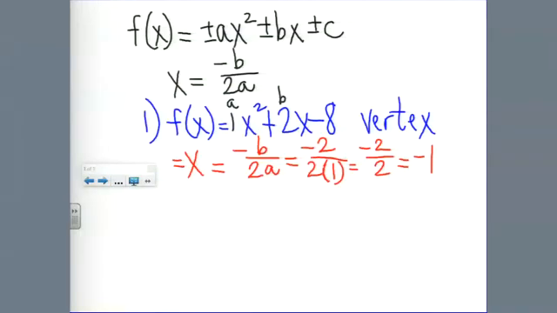And technically, I put x, but we're really finding the h value of our vertex, the first coordinate. Now, to find the second part of your vertex, namely k, all you do is everywhere you see an x in your original function, plug in negative 1.